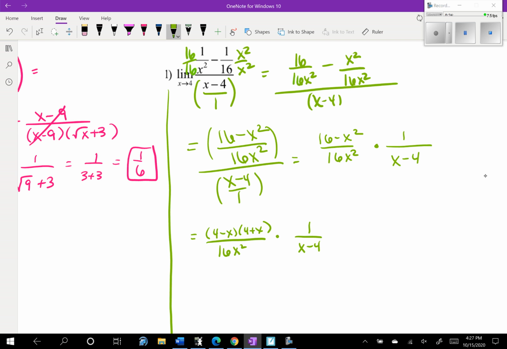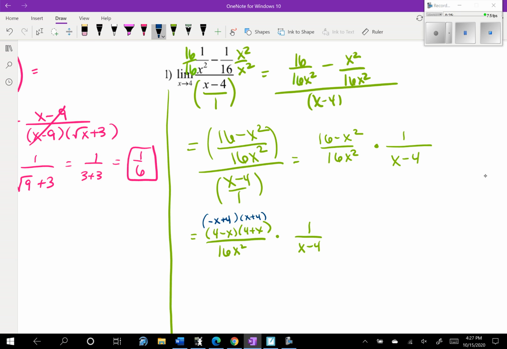Then I would notice that I still don't have any terms to cancel out. So I have x minus 4 and this one right here. If I were to rewrite that, that's negative x plus 4. But notice that the signs are opposite. And I could also rewrite this one as x plus 4 so that they're in order.